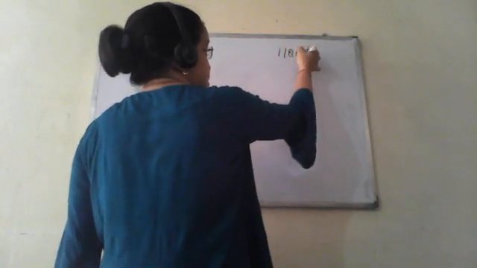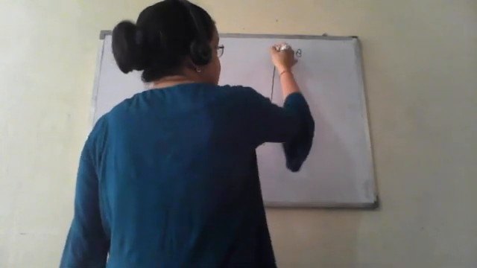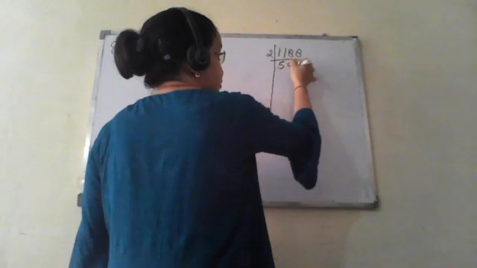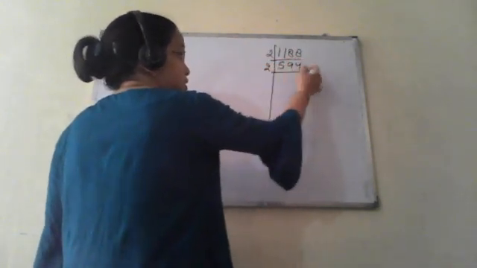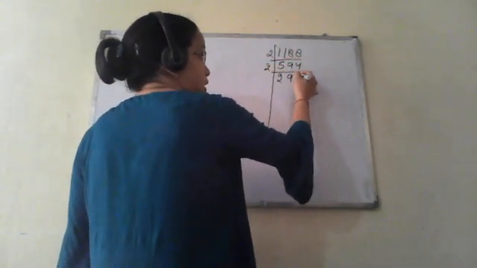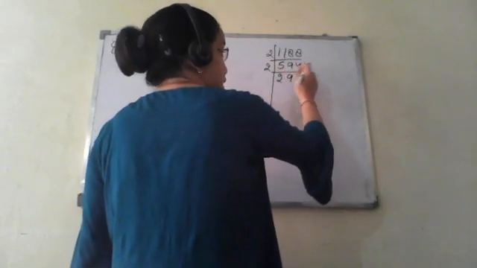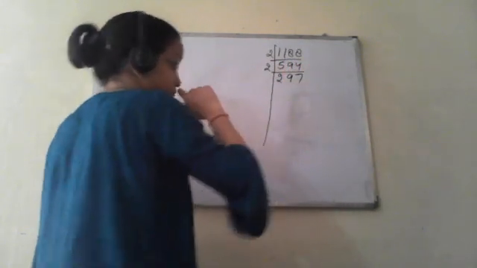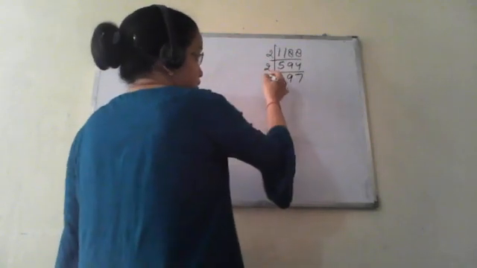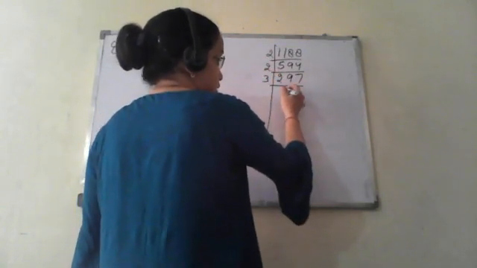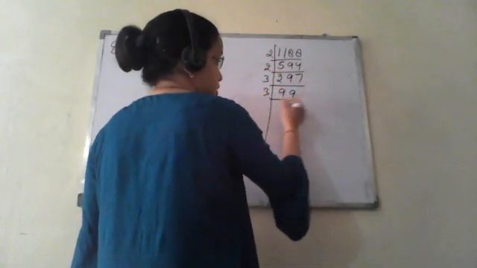This is 1188. This is 594. This is again 297. This is 3. This is 99. This is again 3.